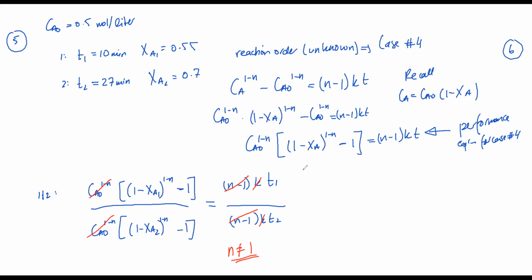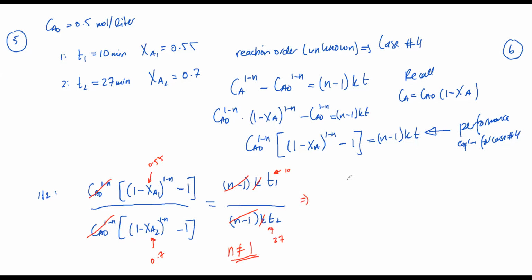So if I plug in all the numbers I know: XA1 is 0.55, XA2 is 0.7, t1 right here is 10, t2 is 27. So let's plug in the numbers.